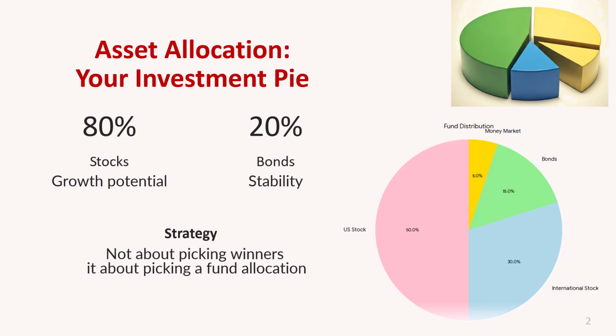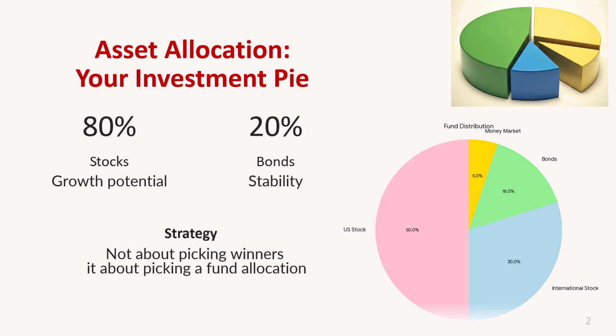So, what exactly is asset allocation? On this slide, you will see an investment pie chart. Asset allocation is simply deciding how to slice up your investment money among different types of investments or asset classes, like stocks, both US and international stocks, bonds, and even cash.